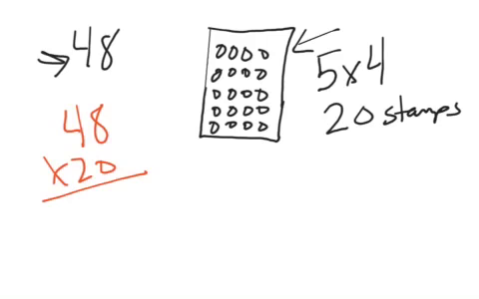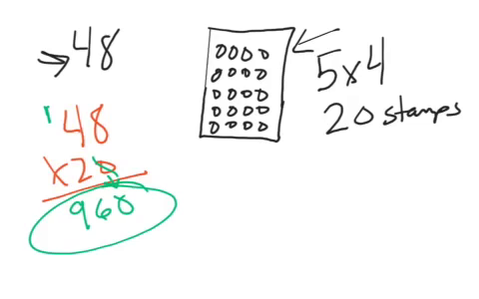Now, we've learned that we can cross out this 0 and bring it down, and then we're just going to multiply 2 times 8 and get 16 and carry your 1. 2 times 4 and get 8 plus 1 more is 9. So we have 960 stamps. Okay, that was your first problem.